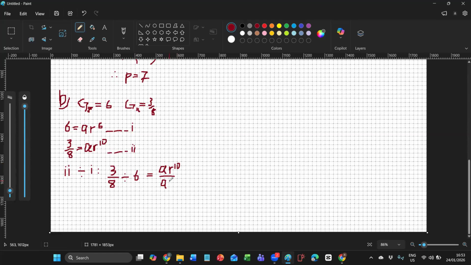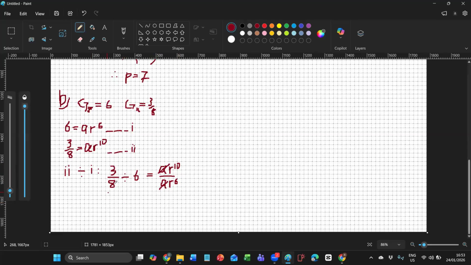I'm sure you can see why I chose equation 2 divided by equation 1. It doesn't mean that you can't do it the other way, it's just for simplicity, because things come out much easier. Of course, nobody needs to tell you that A will cancel itself out. That is the elimination I was talking about. A is out, leaving you with what you really need to find, which is R.